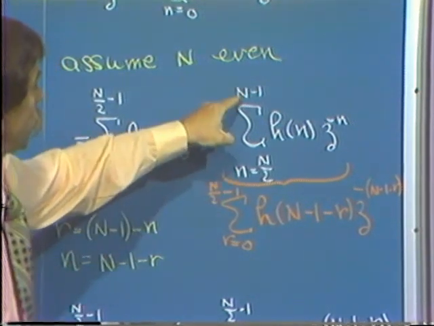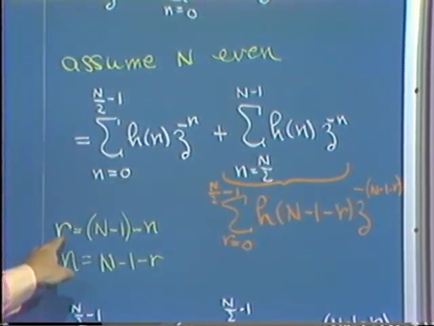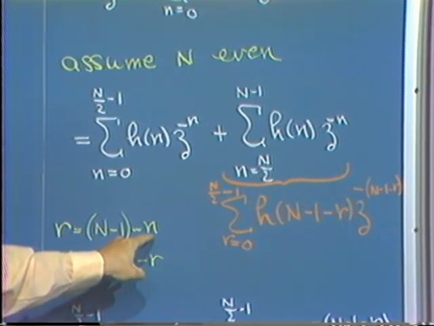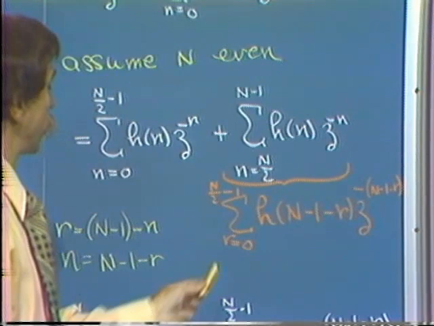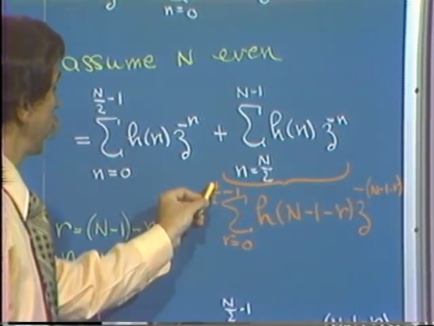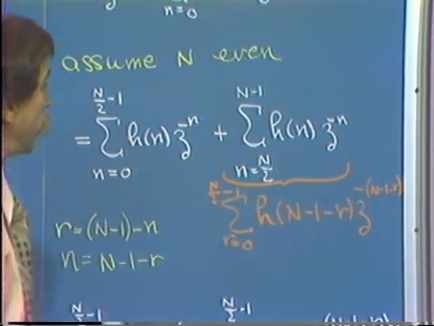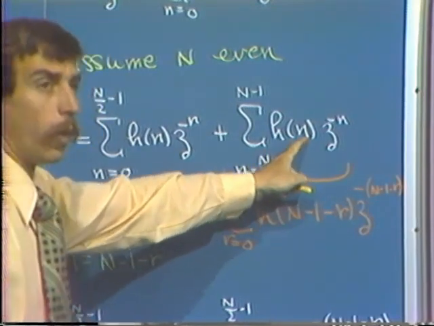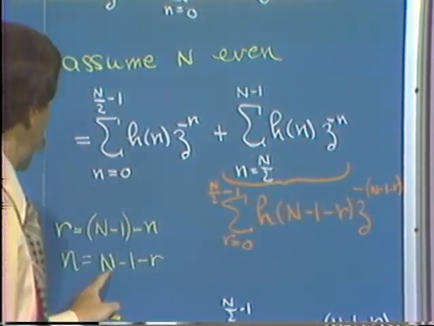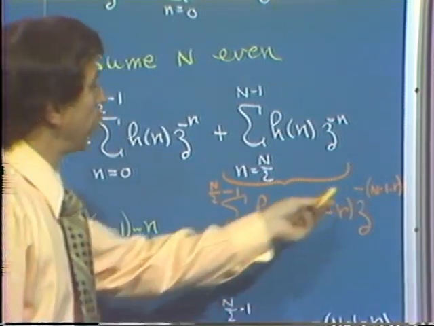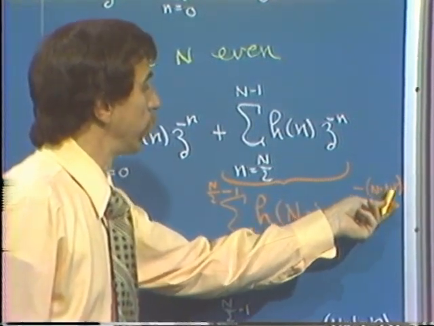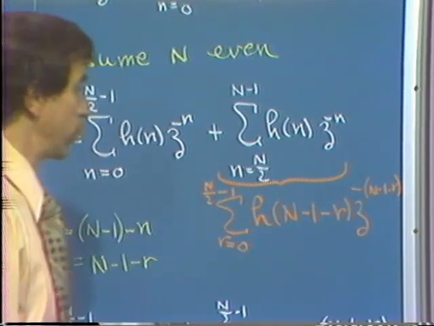And when little n is equal to capital N minus 1, little r is equal to 0. So this gets converted to a sum from r equals 0 to capital N over 2 minus 1, h of what was n, which is now capital N minus 1 minus r, substituted in here, and then capital N minus 1 minus r, again substituted for little n.